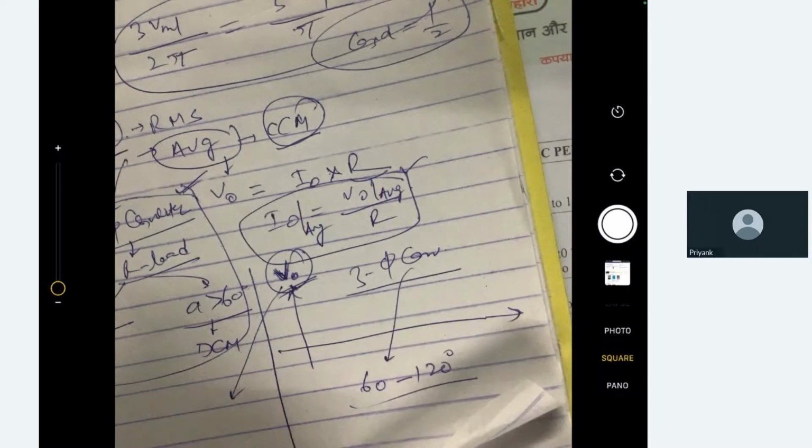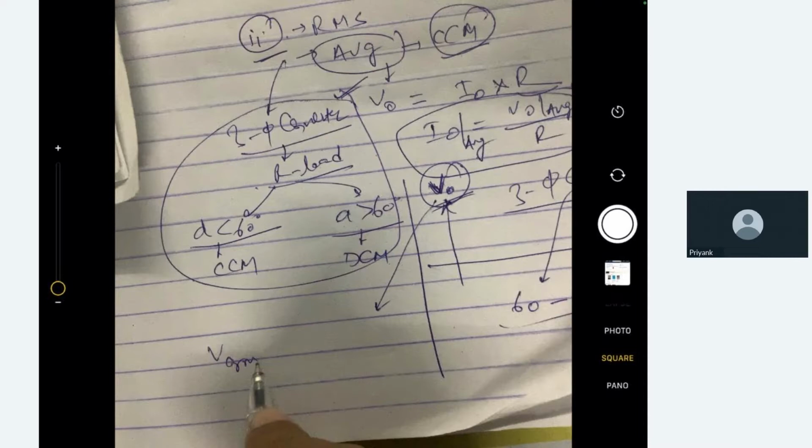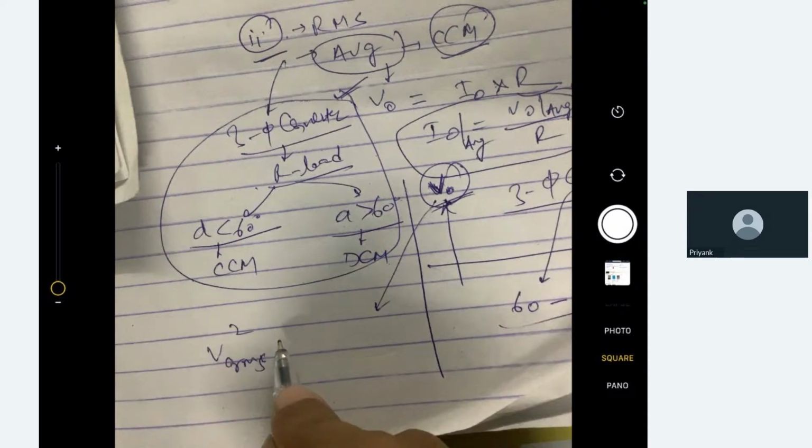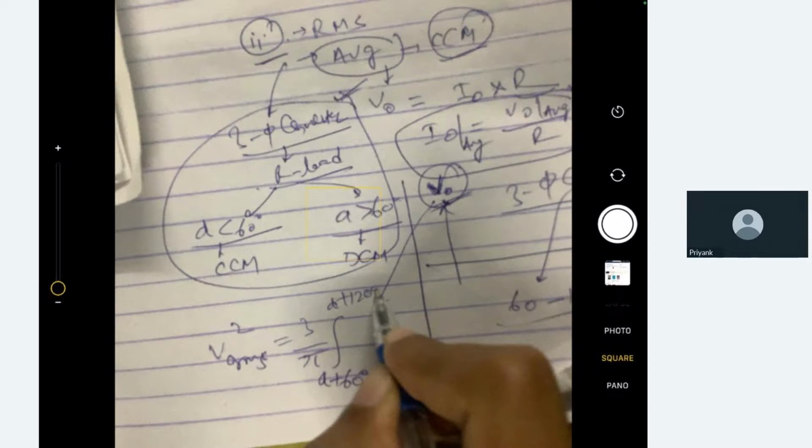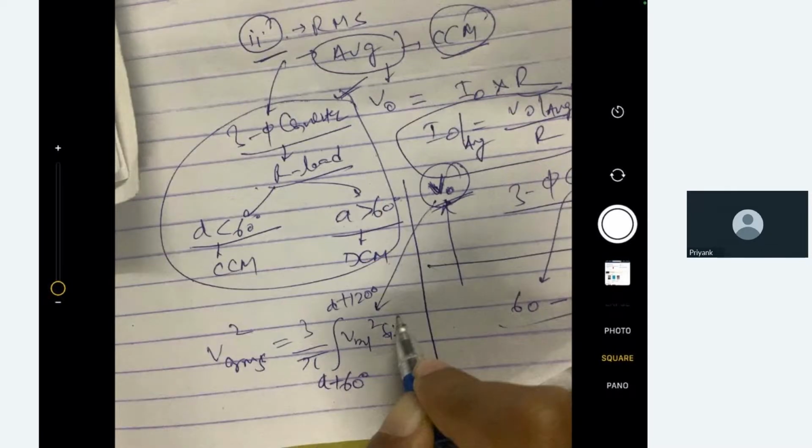So V output RMS we require to find out. V output average we always remember, but V output RMS we require to find out. That will be equal to 3 upon pi, integral from alpha plus 60 to alpha plus 120, of Vm square sine square omega t d omega t.